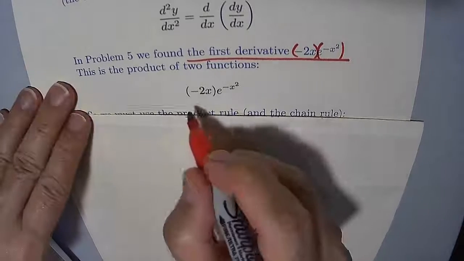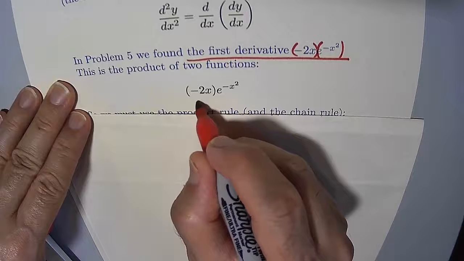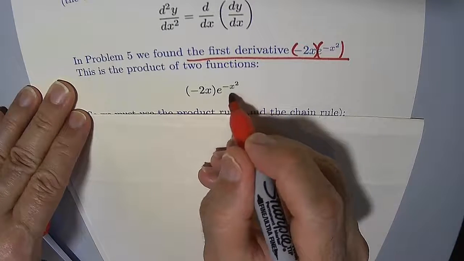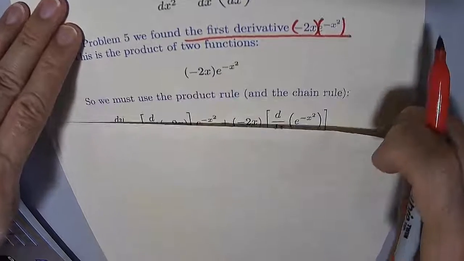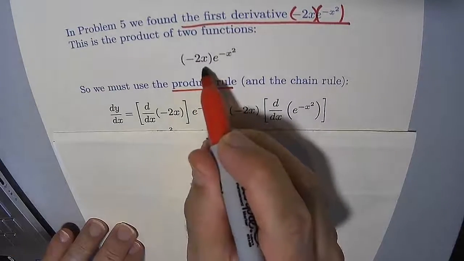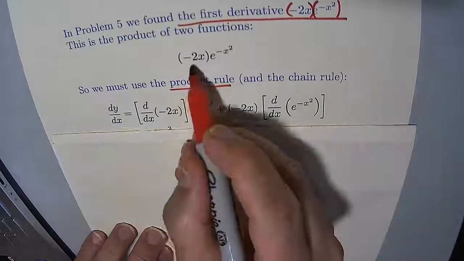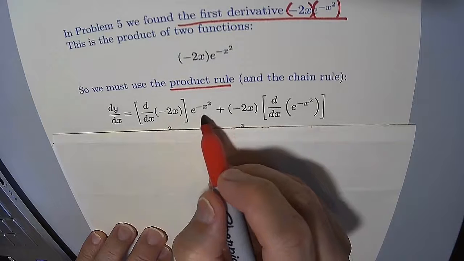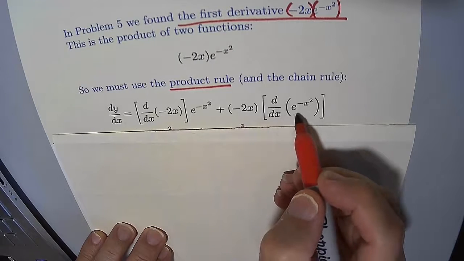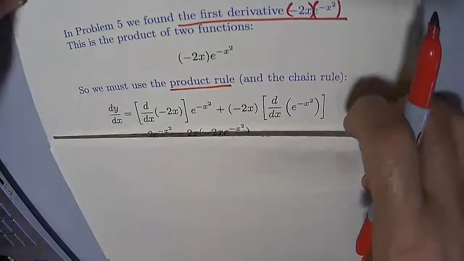Here are our two functions. We can think of this as maybe a function on the left and function on the right. Use the product rule on this. We get derivative of the first times the second plus the first times the derivative of the second, just as you see here.